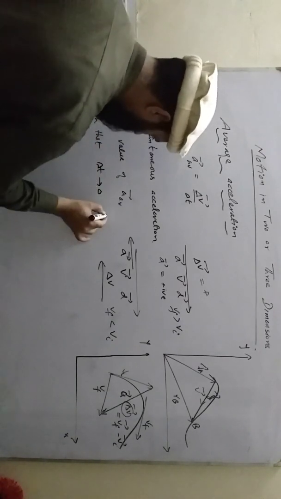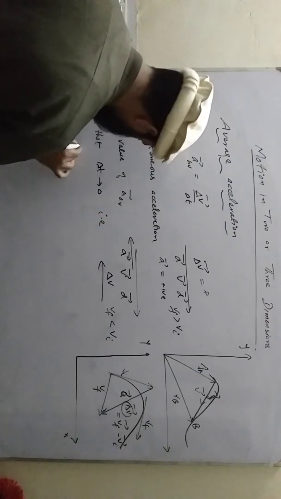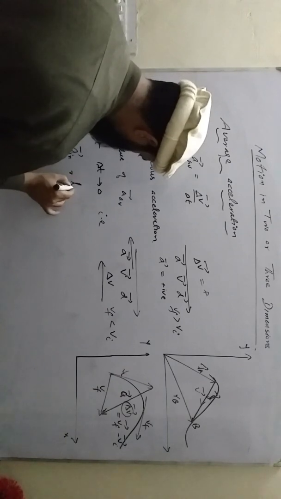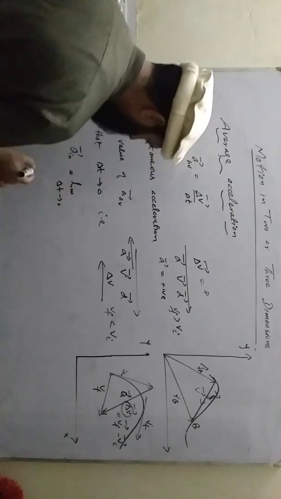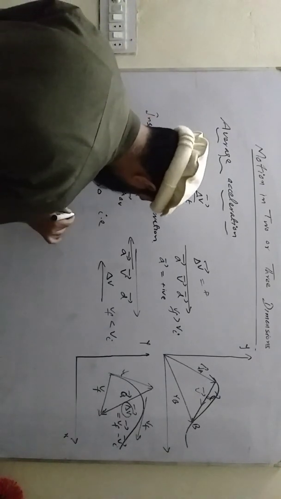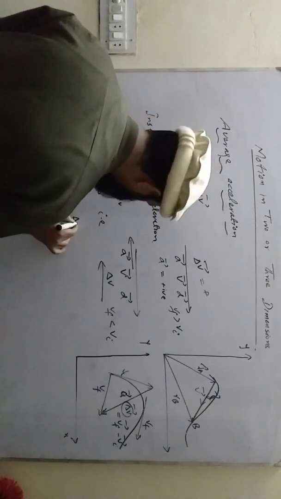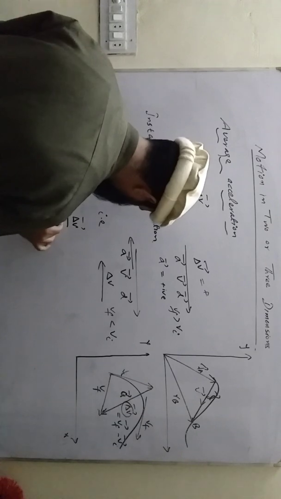That is, a instant equal to the limit as delta t approaches 0 of delta v by delta t.